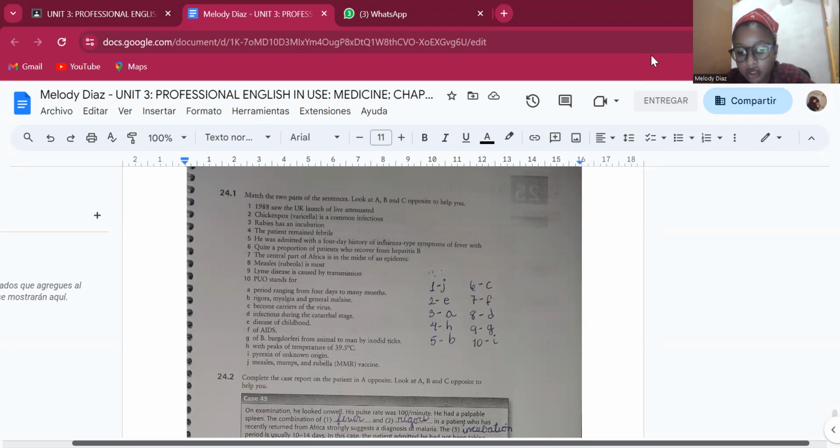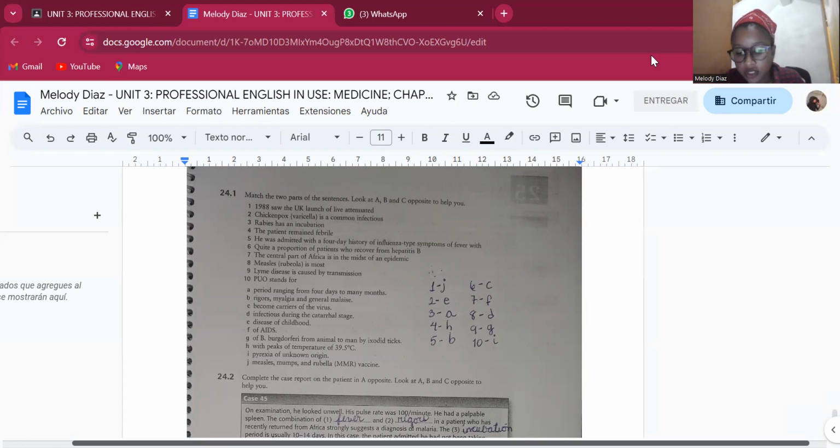Number 4, the patient remained febrile. Number 5, she was admitted with a 4-day history of influenza-type symptoms of fever with. Number 6, quite a proportion of patients who recover from hepatitis B.